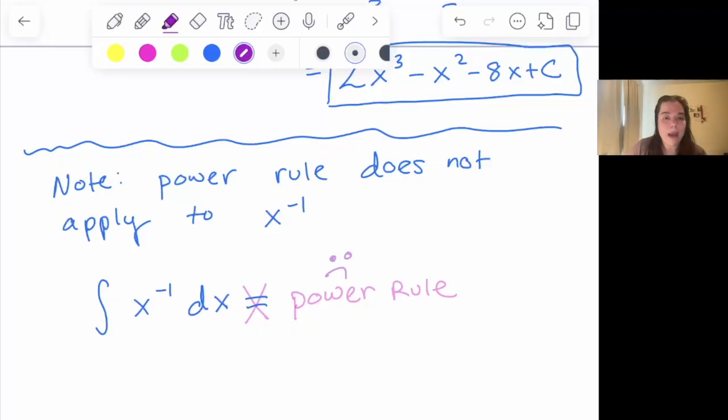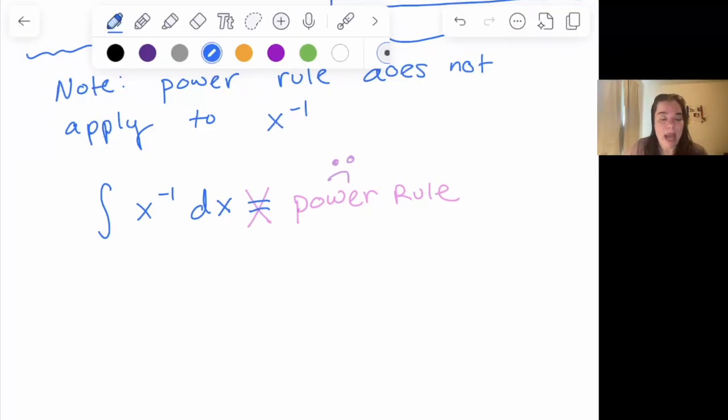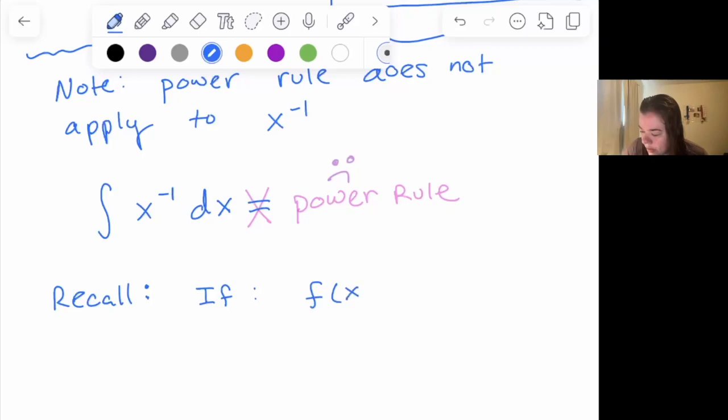And I want to remind you as to why. The negative 1 is an instance where we can't use the power rule. And this is going to require you digging deep back to your differential calculus class. So recall, we'll say, I'm going to just write this a little bit differently.